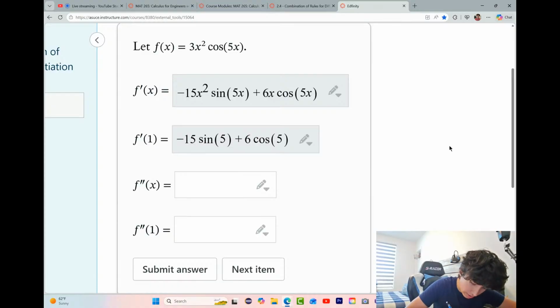So let's do y equals negative 15x squared sine of 5x. What's y prime going to equal? It's going to equal negative 15x squared times g of x's derivative.